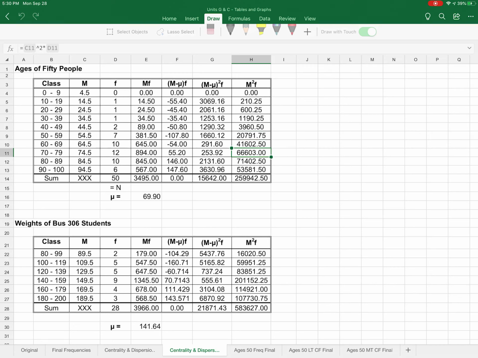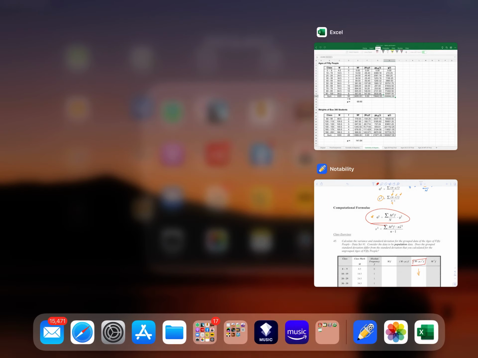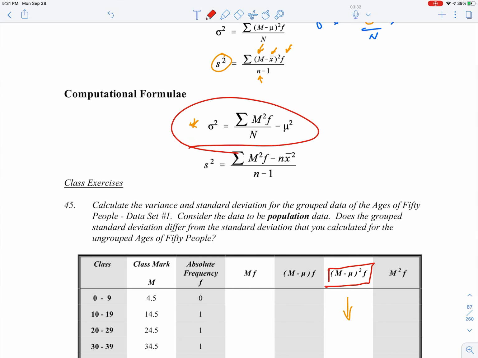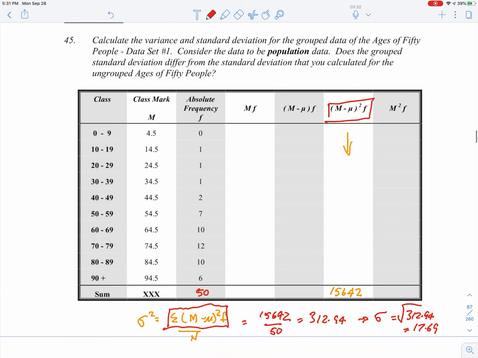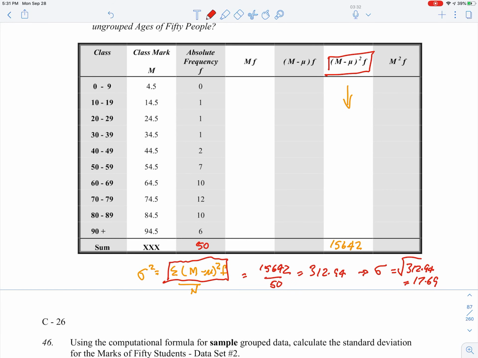And you do that for every single one, and you come up with this number down here, 259,942.50. Let's go back here now. And so that's this guy down here.